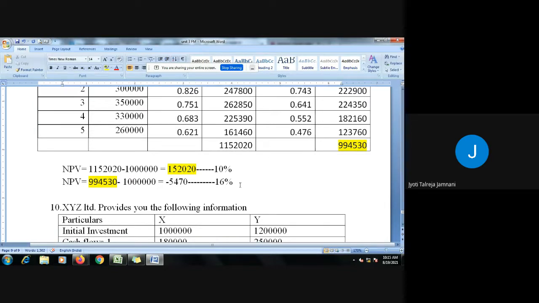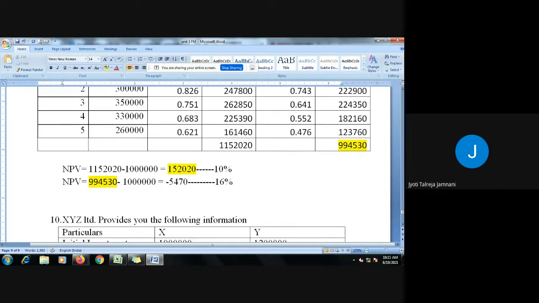Now, how to find the IRR using this? I will write the formula down here.